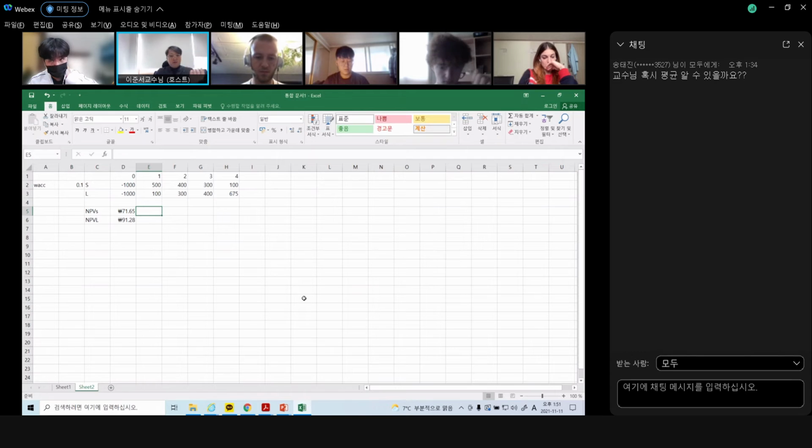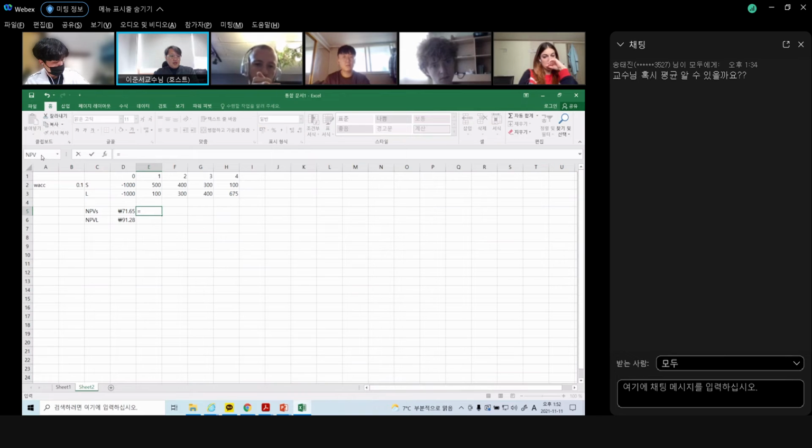By definition, automatically in Excel, net present value recognizes the first cell as the cash flow occurring at time 1, not time 0. So be careful when using the net present value function in Excel.